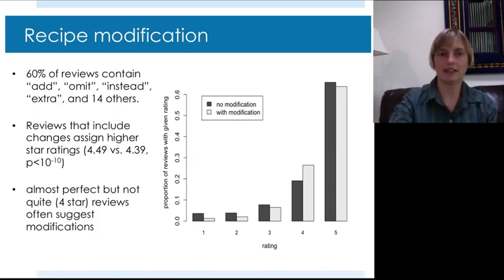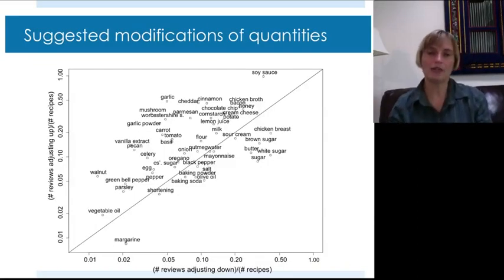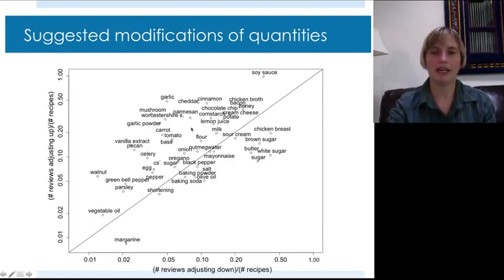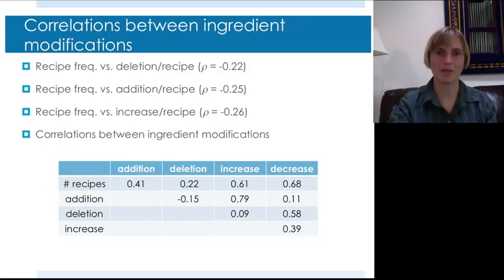So that's the main thing. Then you can look for individual ingredients, how many times are they increased, and you'll see things like garlic being way up, more garlic good, but white sugar and butter are the kinds of things that get decreased more than they get increased, potentially for health reasons.